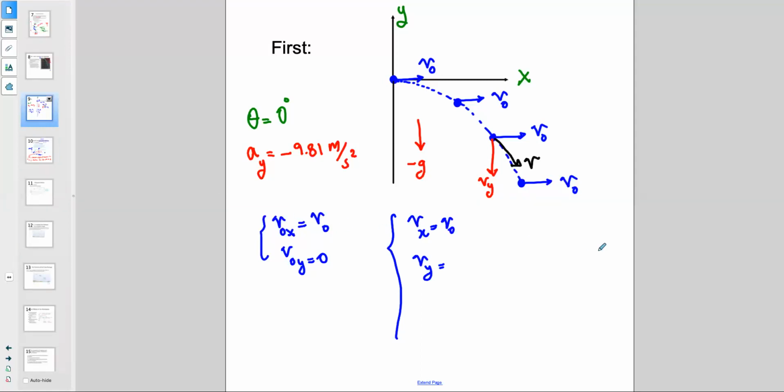Okay, so v of y is at, but a is negative g, right? So negative gt. And then the time independent formula, v squared minus v naught squared, is negative 2gy.